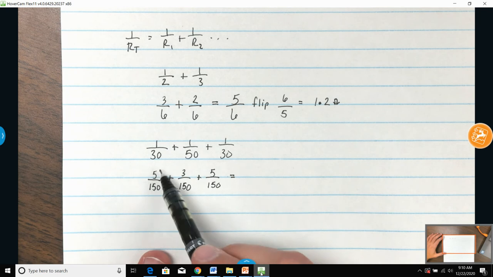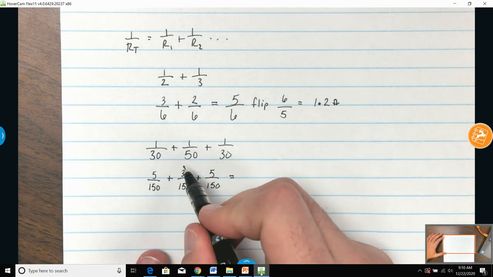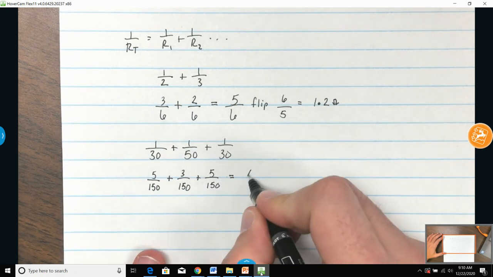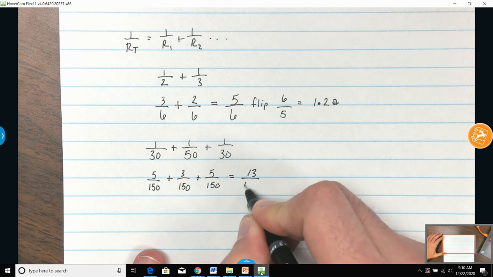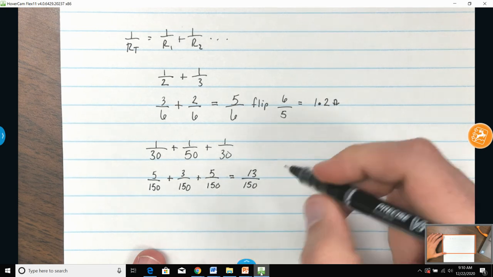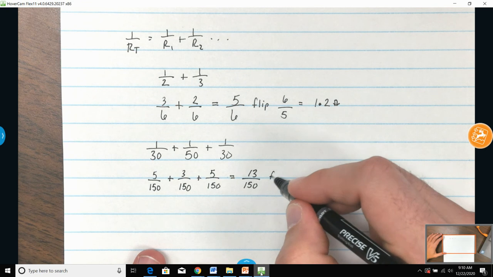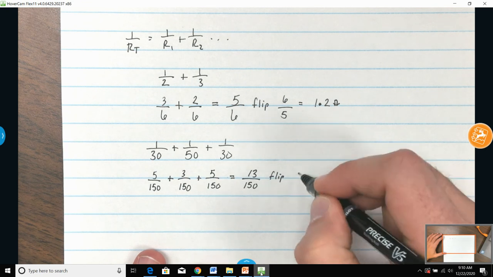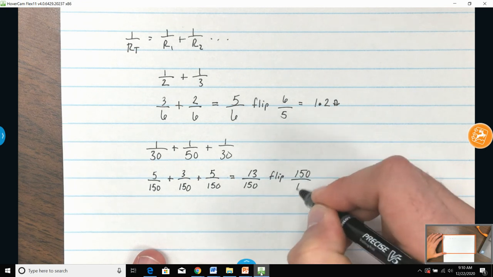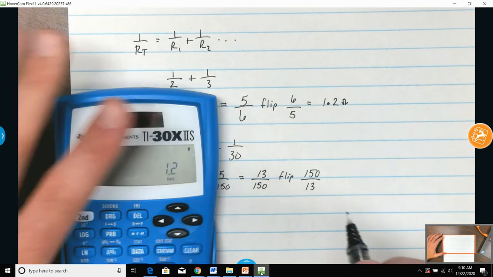Okay, then add the tops. 5 plus 5 is 10, plus 3 is 13. The bottom stays put. Now we flip it, so you get 150 over 13.